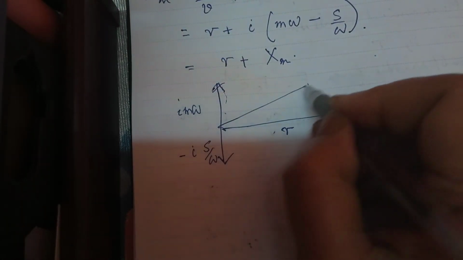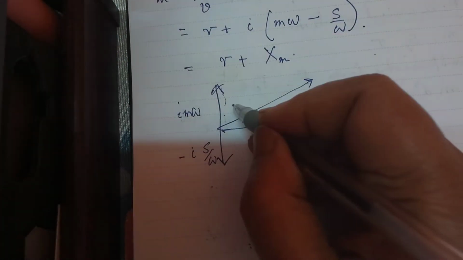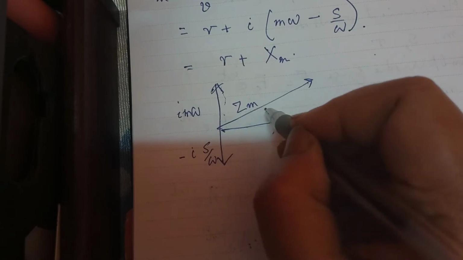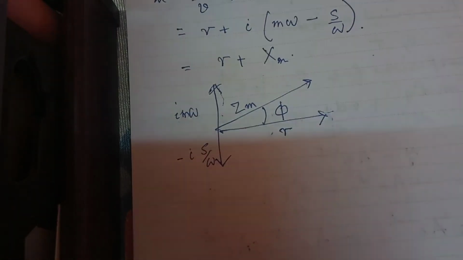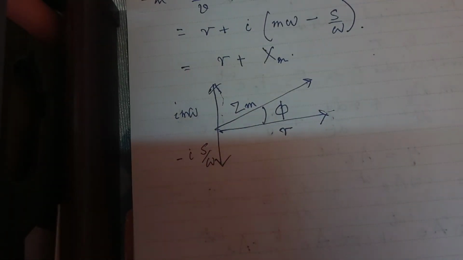So what you get over here is Zm. This is your same angle phi that we have talked of previously. This is how we get a conceptual idea about the impedance of a mechanical oscillator.